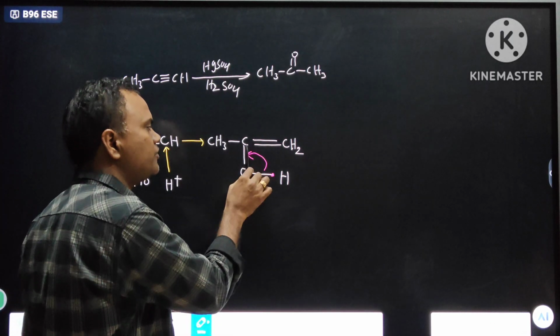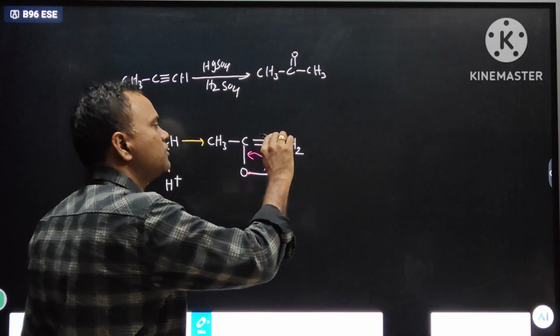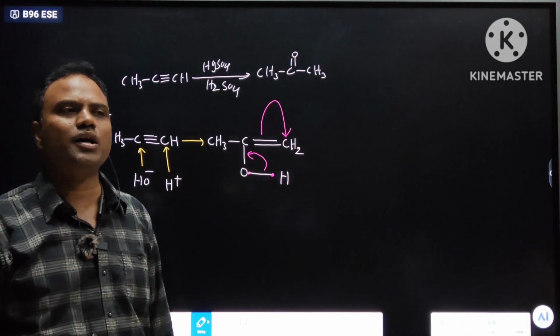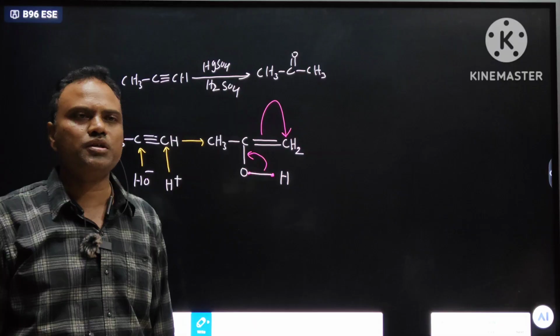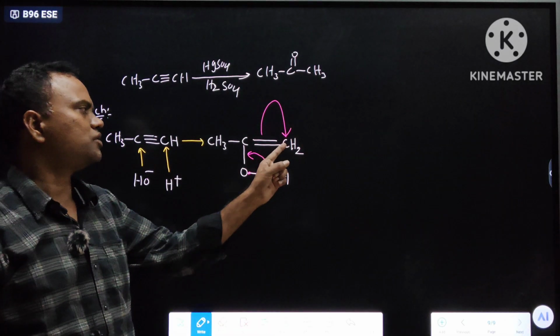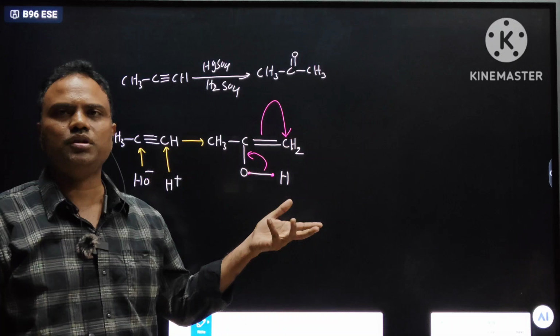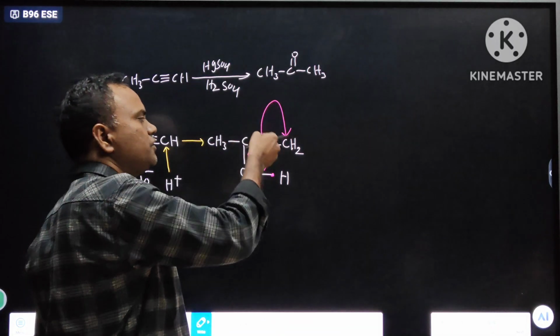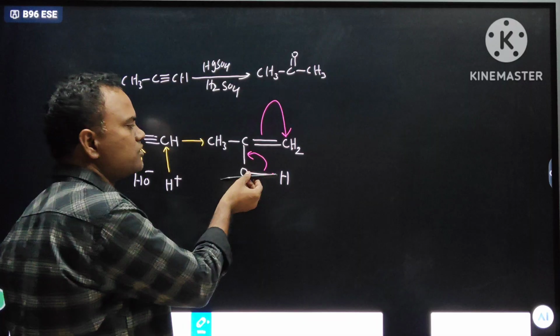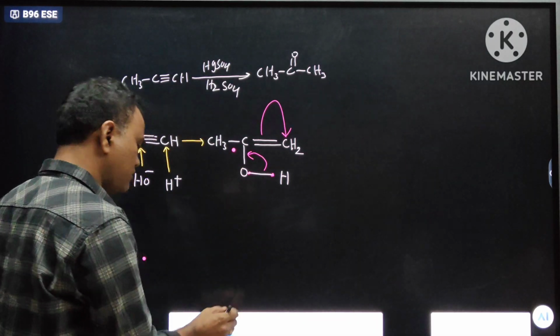So whenever you shift the bond this side, this pi bond will shift towards carbon as a negative charge. This will get a negative charge now. We know if any atom gains a bond, it will get a negative charge. And what about this hydrogen? Hydrogen is losing the bond.